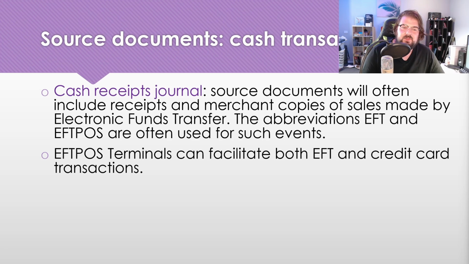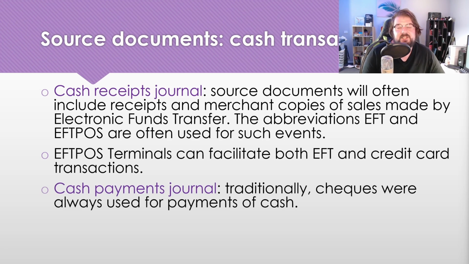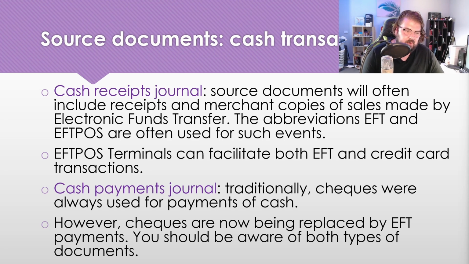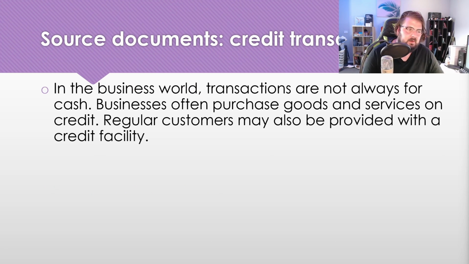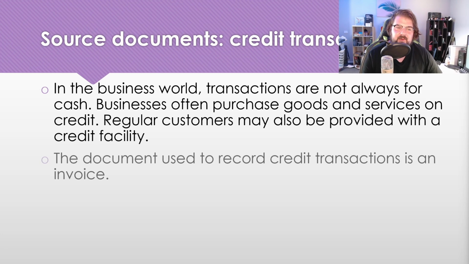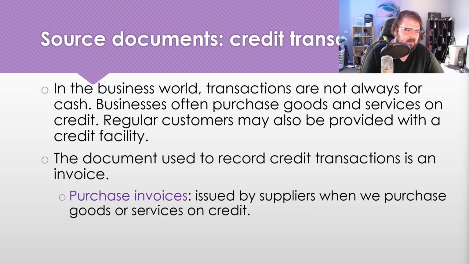Now, when it comes to cash payments, traditionally we use checks, but it is becoming more and more a case where we use EFT. As a result, the documents that we use will be EFT statements as well. We don't always use cash, we sometimes use credit, and these credit facilities provide us with invoices.